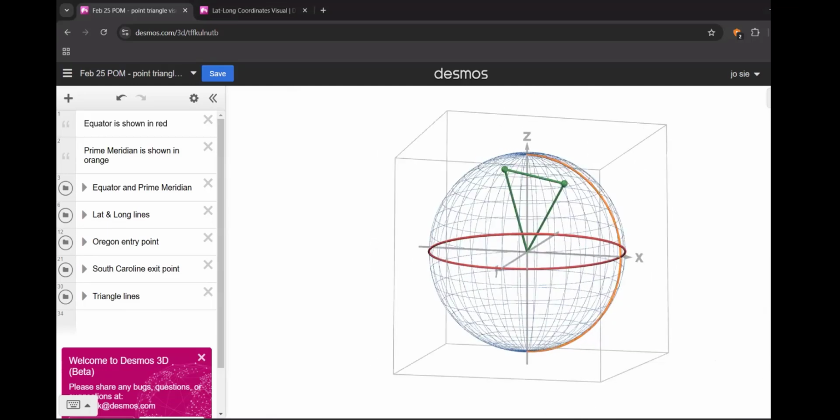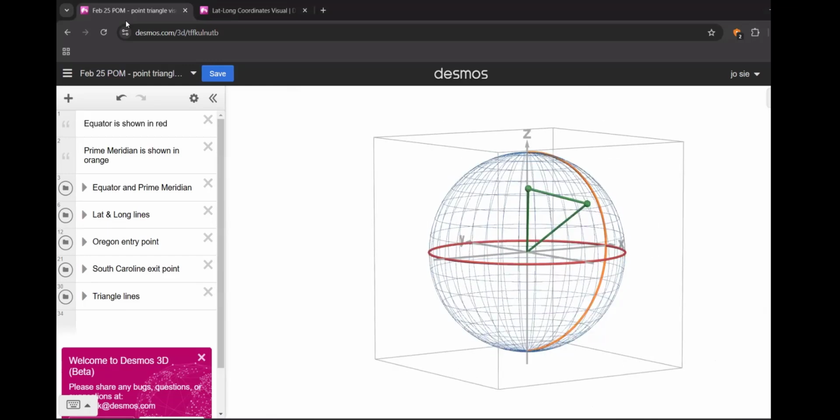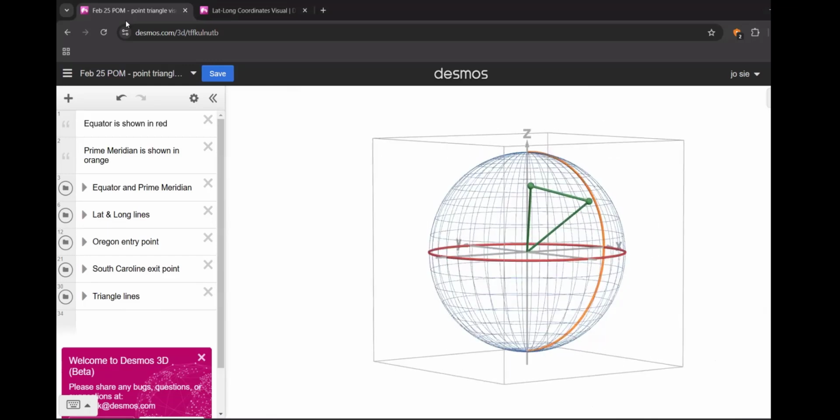So how I think about this is, like we said, we need to figure out what the angle is between the lines that get us to our points. And what better way to figure out an angle than to use a triangle?